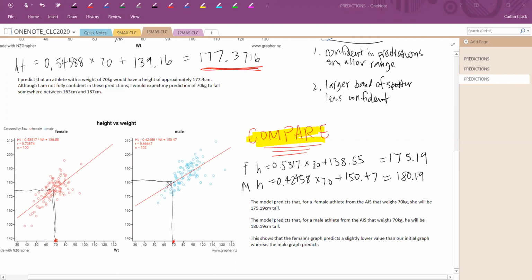Okay, it gives me 176. Cool. Thanks, Michaela. 176.19. 0.01.